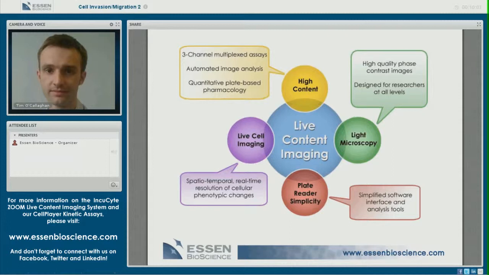These are combined to provide real-time resolution of spatio-temporal phenotypic changes, and this is provided with a simplified plate reader interface and intuitive analysis tools.